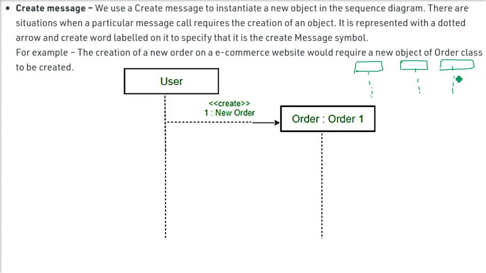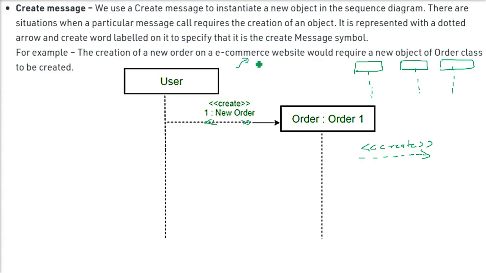Sometimes you have to create them in between. These are the situations where a particular message call requires the creation of an object. How do you represent it? With a dotted arrow, with the word create labeled on it. Sometimes people write create with double angle brackets on both sides.